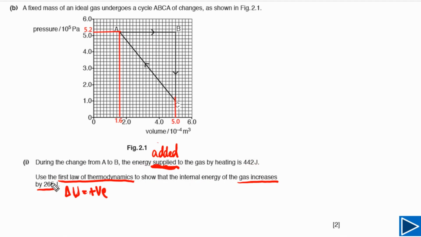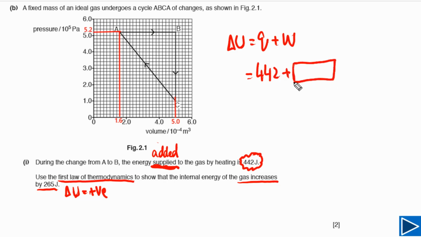As this question is asking us to use the first law of thermodynamics, let's write down the equation for this law. Delta U is equal to Q plus W, and value of Q is given to us in the question. As you can see here, this is 442 joules and this is positive because heat is supplied to the system. But value of W is not given to us, but we can calculate it from this figure 2.1.